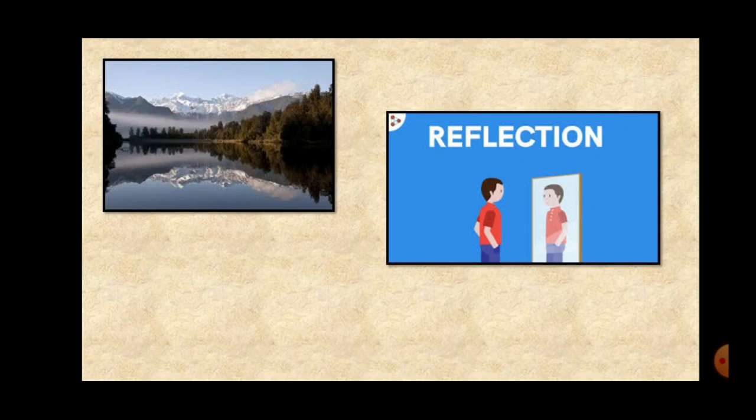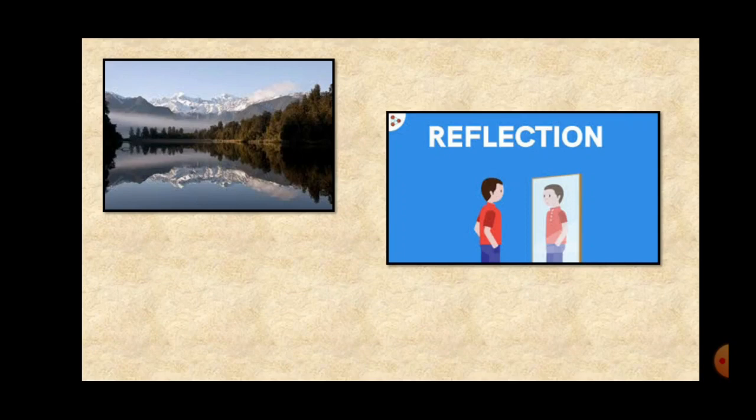Why? Because when the light rays fall on the objects, and from the objects they are thrown back, and when they reach our eyes, then only we are able to see the objects, and this is nothing but the reflection.